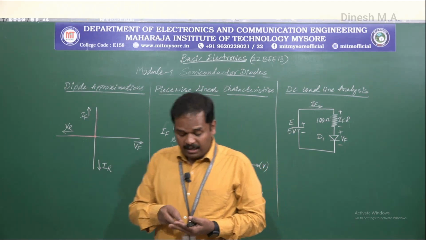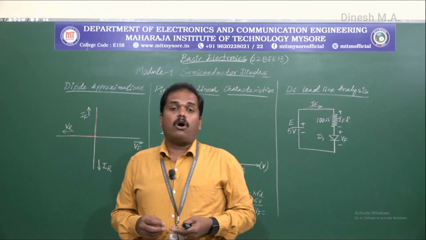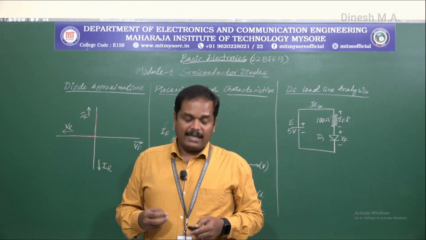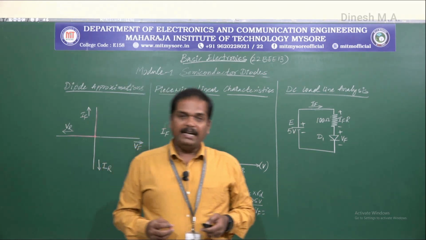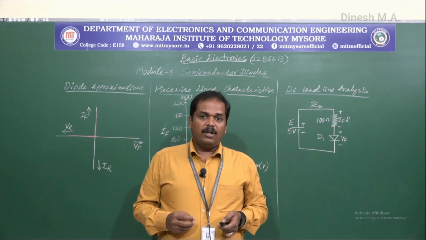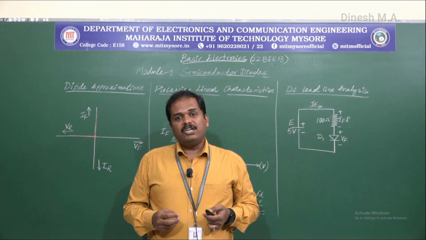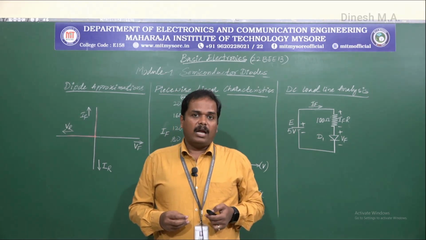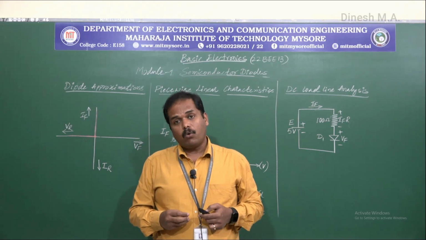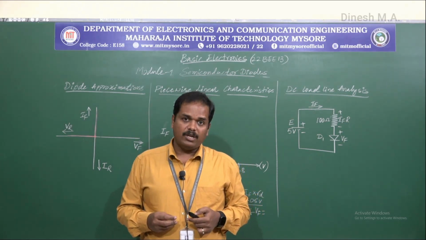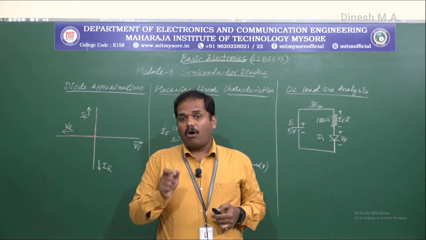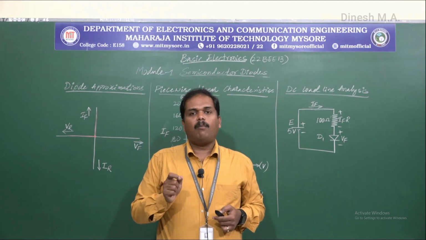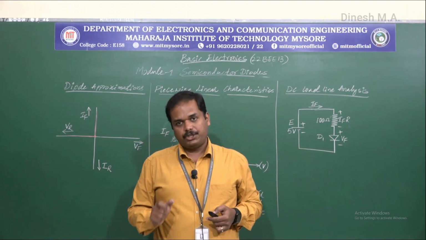But unfortunately, ideal diodes are not available, so we can consider nearby ideal diodes, where the condition to be considered is if the supply voltages are higher than the forward voltage drop, then we can consider a constant, a small amount of forward voltage drop.